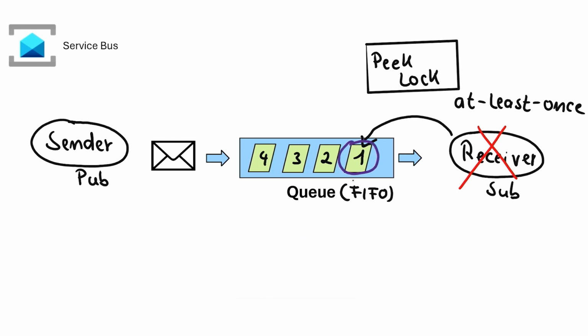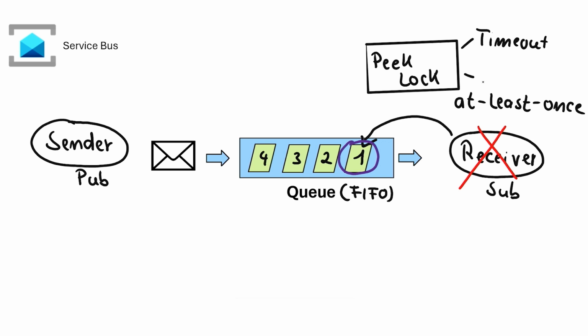Now the message is not visible to others, but with this peek lock receive mode, we can configure a timeout, meaning if the receiver is not coming back or not going online, there is a certain time after which we release the message and put it back on the queue. And then the next time a receiver requests a message, it will get the same message.